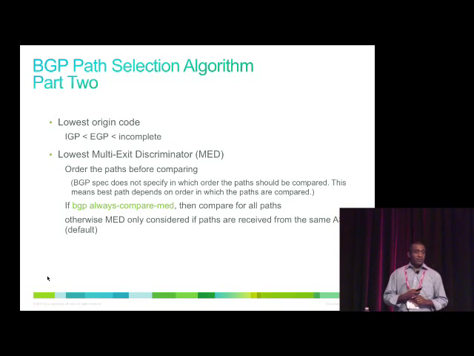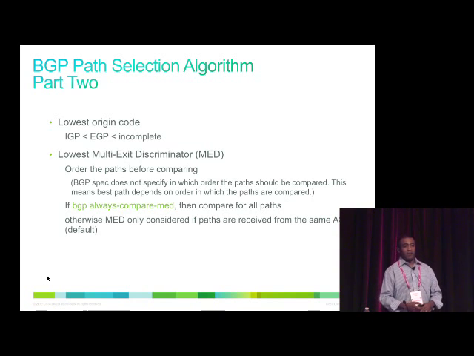So the next one is a lower MED value is preferred over a higher MED, and MED is only considered for a route that's received from the same autonomous system. If a route is received from two different autonomous systems, the MED will not be considered, unless you override it with a knob.